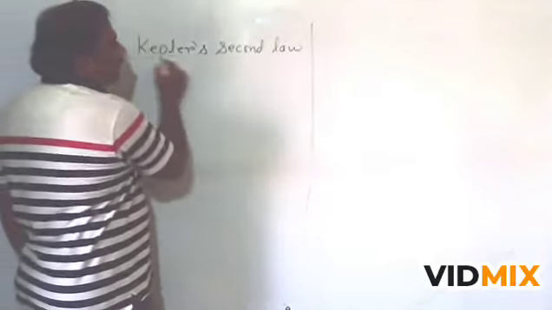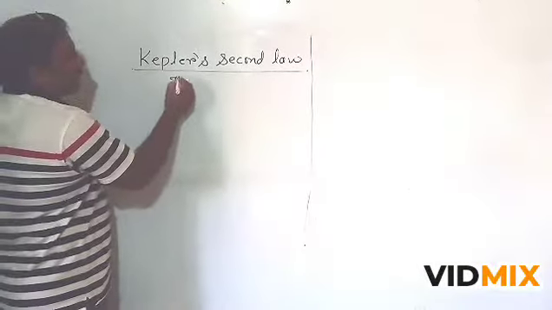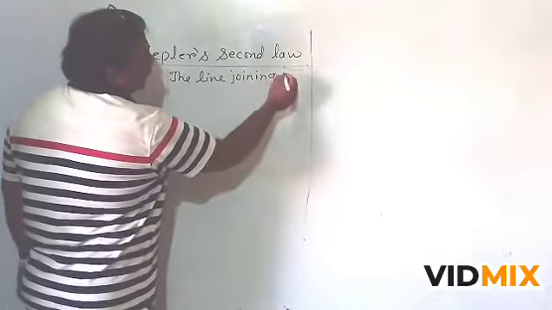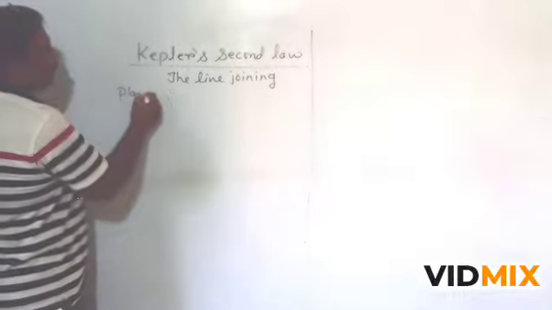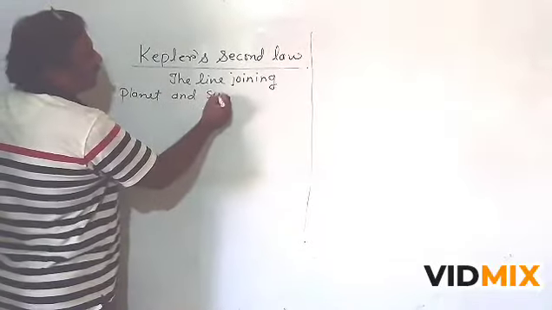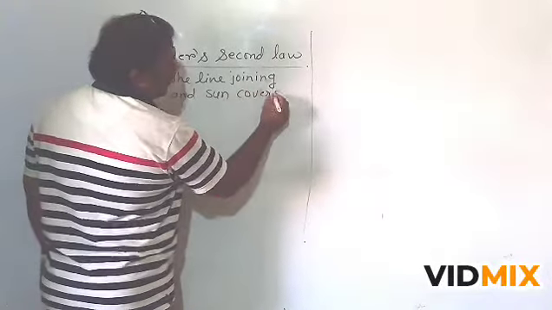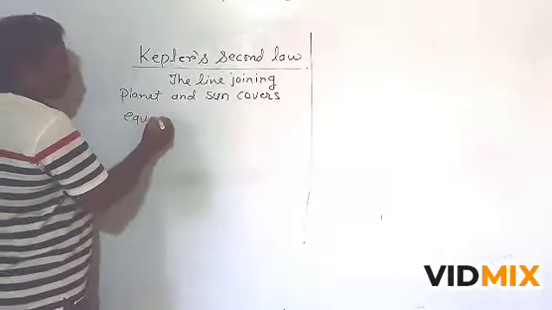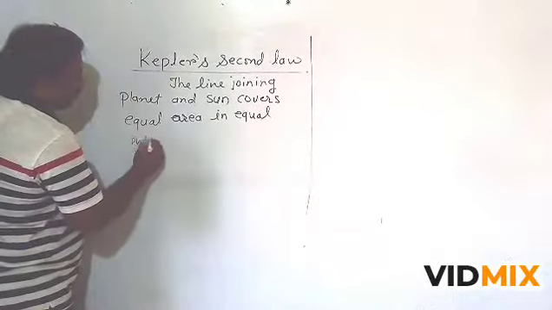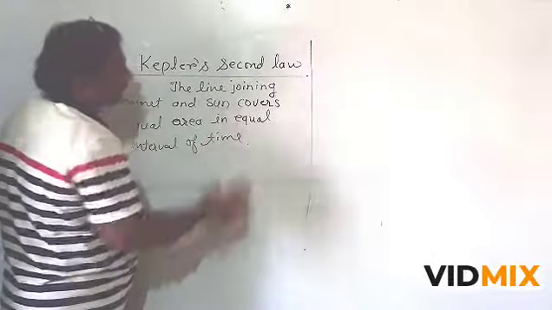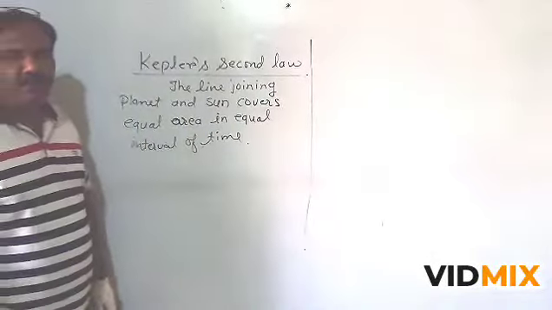As per Kepler's second law, the line joining planet and sun covers equal area in equal interval of time. So this is the statement of Kepler's second law.